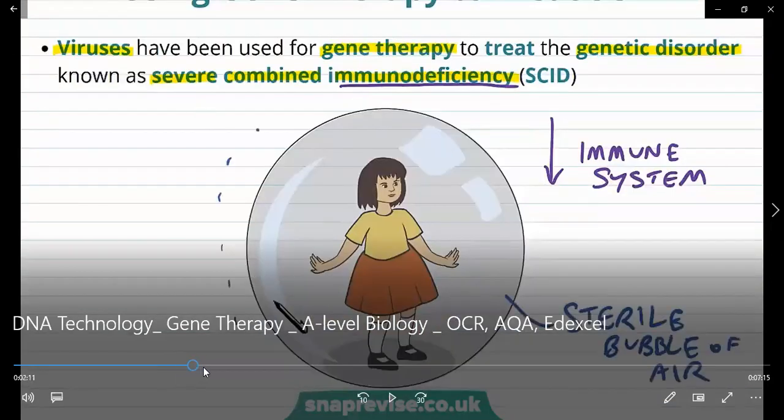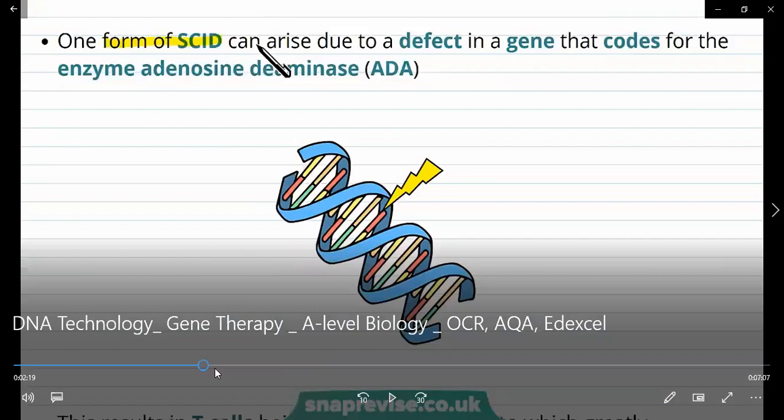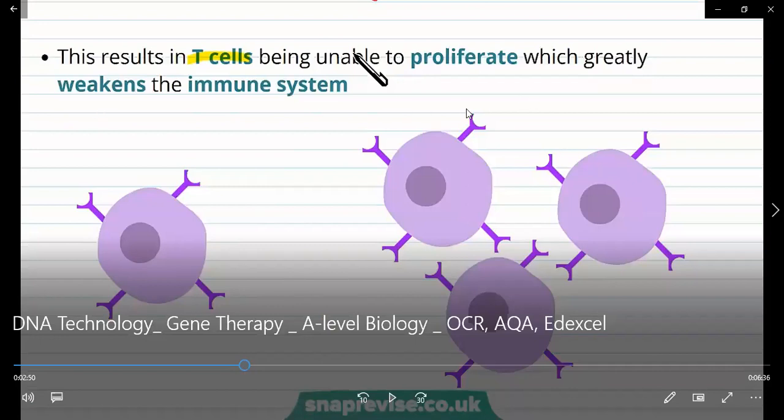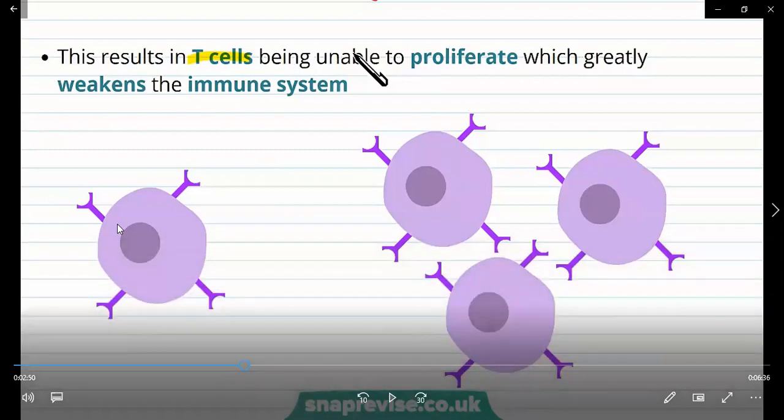They did some studies and found that some persons that had SCID really had a defect in one particular gene that codes for a specific enzyme. So they said, if we can fix this faulty gene, then the person can produce the right enzyme and they won't have this problem. They found out that the faulty gene was present in T cells, and T cells are the main lymphocytes that help us defend ourselves against diseases.